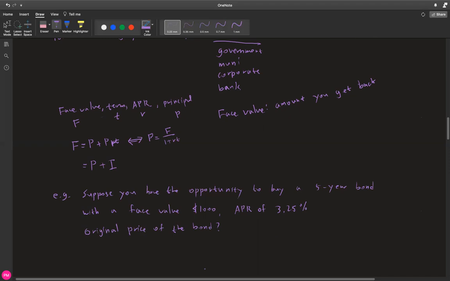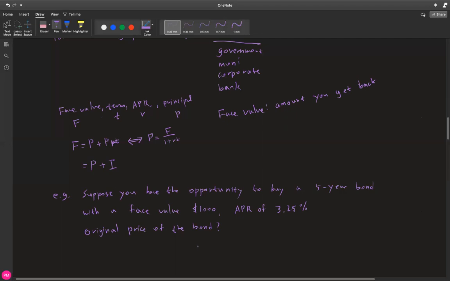So here, the problem states that for however much that you bought the bond for, or in other words, however much you lend the agency, you got back $1,000. That's what you know.